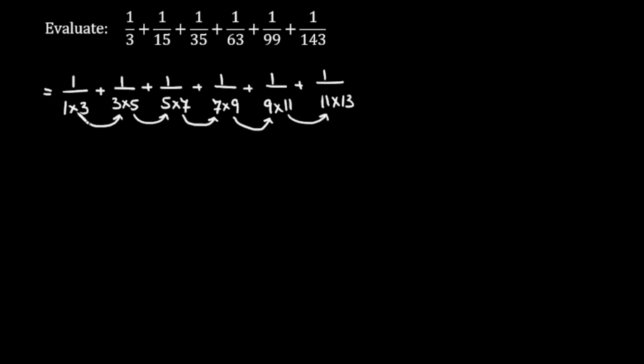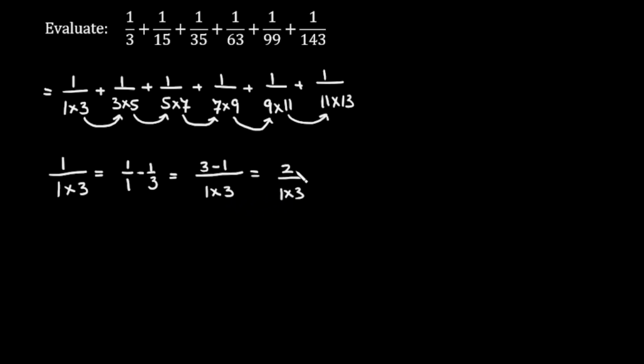So suppose I am taking the first term. So this is 1 over 1 times 3. This can be written as the subtraction of two terms. So if I write 1 over 1 minus 1 over 3, this is equal to, 1 times 3 is the LCM, so 3 minus 1, so this is equal to 2 over 1 times 3.